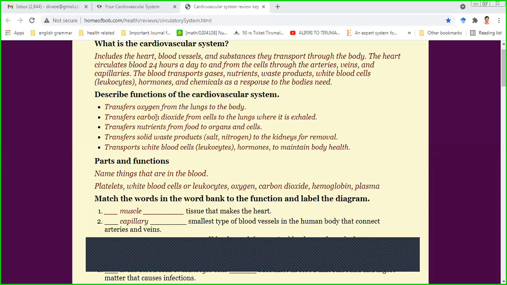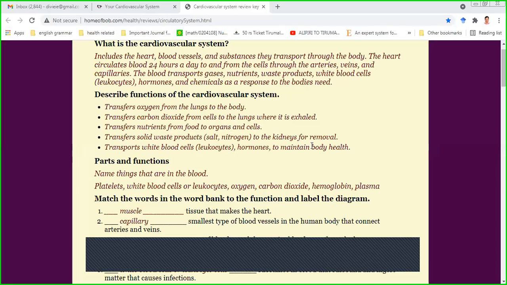It transfers nutrients from food to organs and cells. It transfers solid waste products like salt and nitrogen to the kidneys for removal.